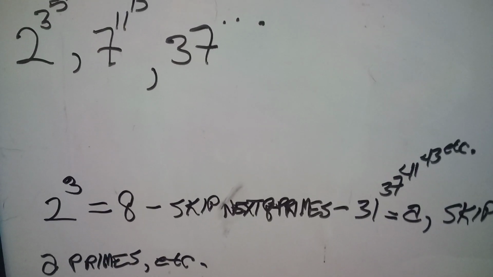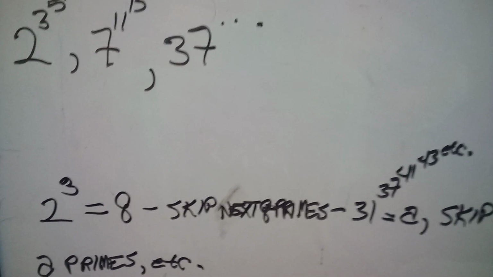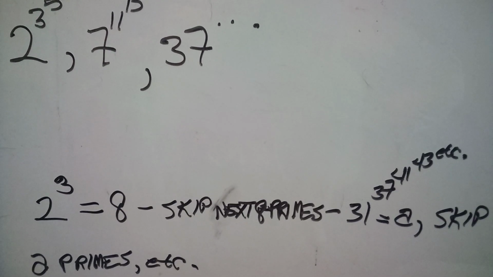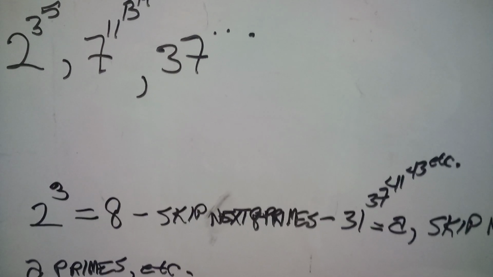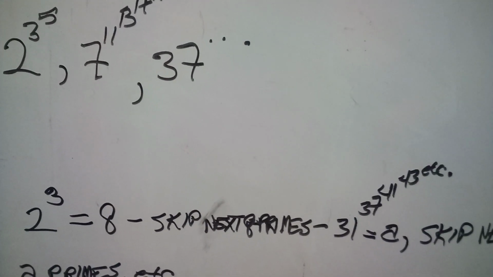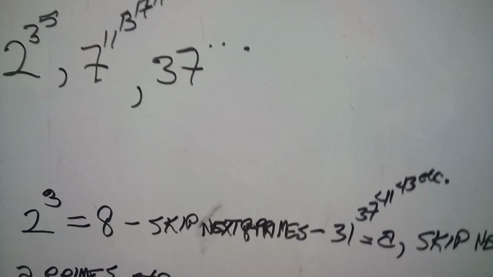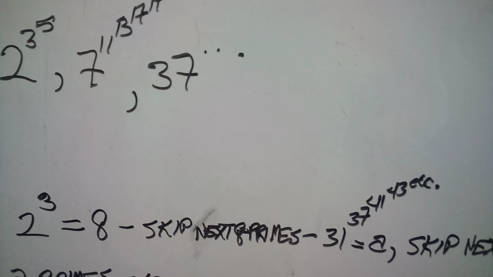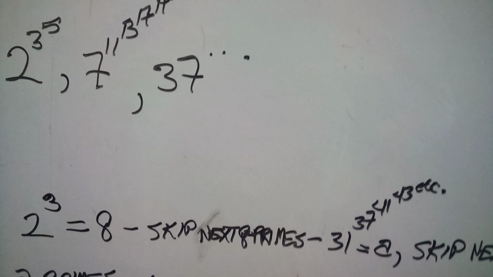Now there's another way we can do this. That is, for example, 2 to the third. We have the base 2, which indicates 2 positions, 2 for the base, 3 for the exponent. That equals 8. And for the next element in the array, we skip 8 primes.